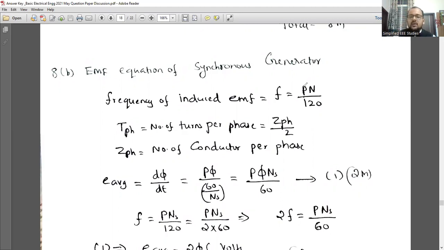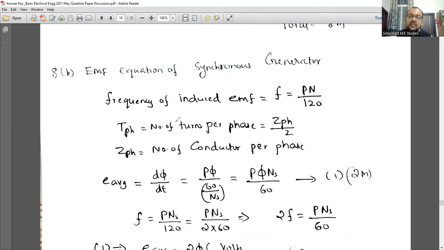Here I haven't shown it because it's an answer key, but whenever you are writing, you have to highlight everything and write it neatly. Later, you have to mention the frequency, written as Pn by 120.